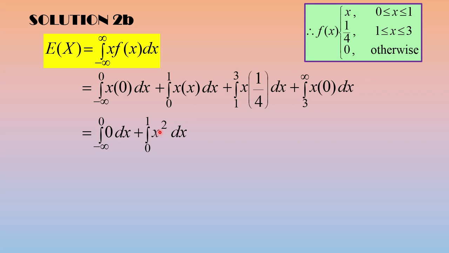Simplify. For this one, you will have the integral of x squared from 0 to 1 plus from 1 to 3, the function is x over 4 dx.